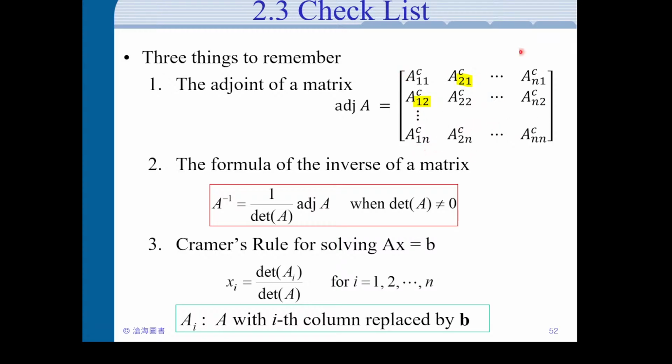So we write down the cofactor matrix, and then we have two closed form formulas for calculating A inverse and solving AX equal to B. And so it's these two formulas. A inverse is 1 over the determinant of A times this adjoint matrix of A, and xi is the determinant of Ai divided by the determinant of A, where this matrix Ai is A with the ith column replaced by this B vector here.